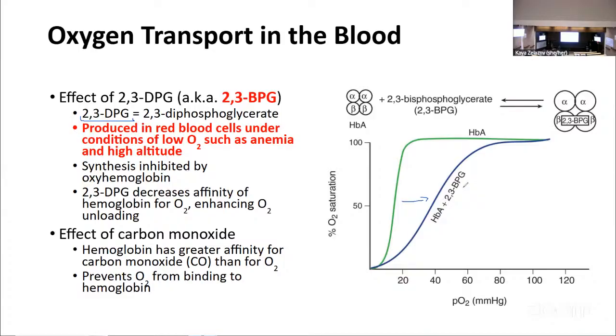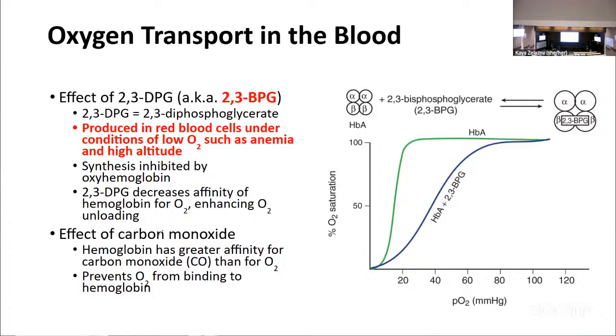Okay. So those are our big effects when we're thinking about right and leftward shifts: the temperature, the pH, the carbon dioxide, and whether we're producing a bunch of this 2,3-DPG. But if we want to be complete in understanding what affects how much oxygen we get onto our hemoglobin, we also want to make sure that we give a special shout out to carbon monoxide.